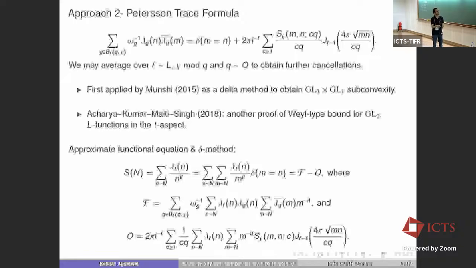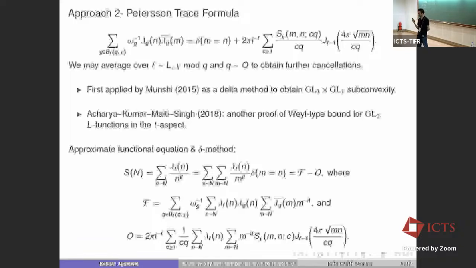So on the one hand, if you stick in these Fourier coefficients, you will get a certain sum like this, where you are averaging over a basis of this vector space of forms, and you get these Fourier coefficients. Now, please notice that these lambda g's are coming from the delta symbol.